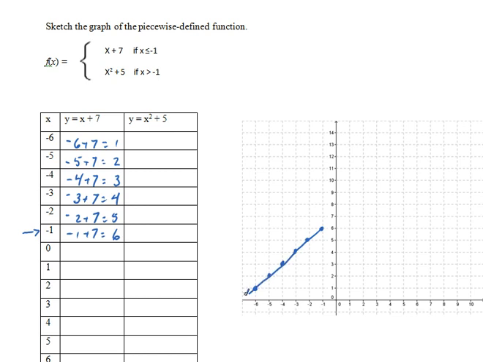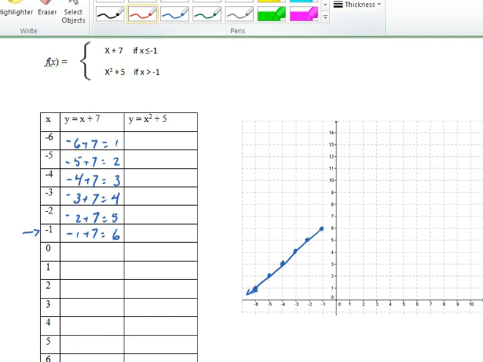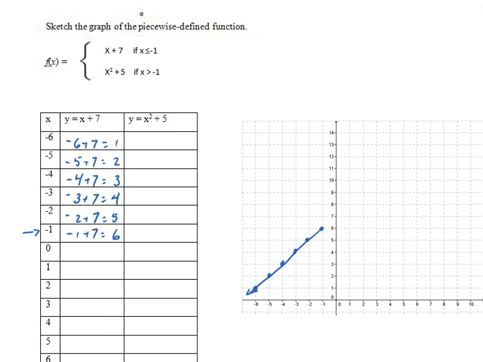And I prefer to add an arrow to that left side because our domain is all real numbers. It continues even though the graph does not continue. So this is the first part of the graph.